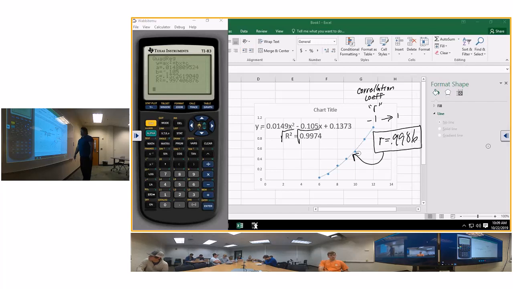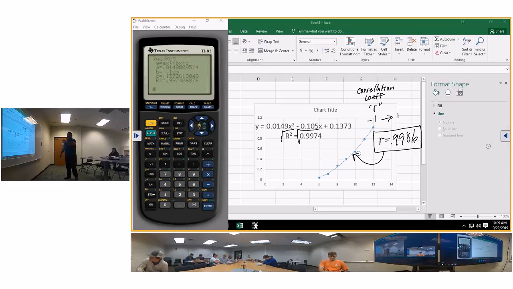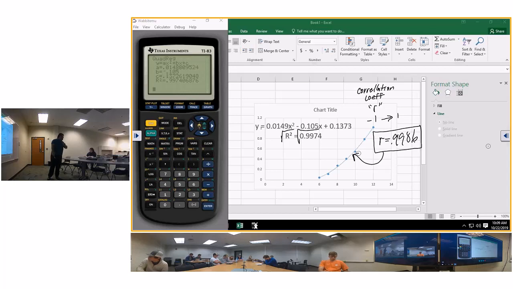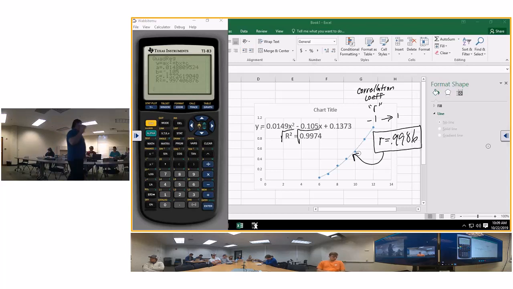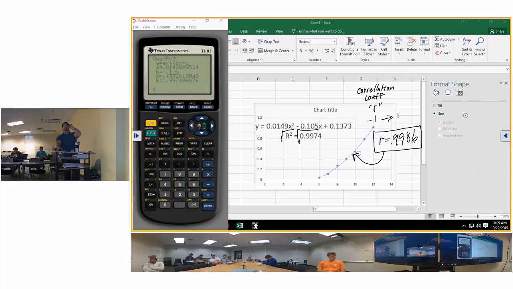So in other words, this regression line is fitting these points very well. There is a very strong positive correlation here. So make sure you can do it on a calculator or on a spreadsheet, because I can give you a couple of these on the test. So make sure you can do it, okay?